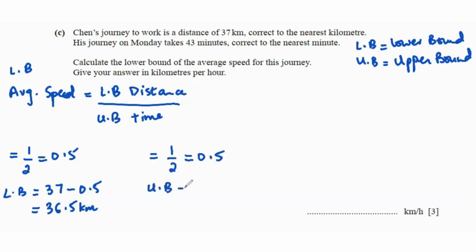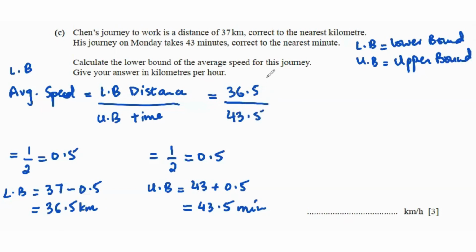So upper bound of time would be 43 plus 0.5, which is 43.5 minutes. So I'm going to substitute these values over here. 36.5 divided by 43.5. I'm going to multiply 60 with this. Why? Because we're trying to find it in kilometers per hour. And this time is in minutes. So when we solve that, we will get 50.34 kilometers per hour. That is your answer for this.